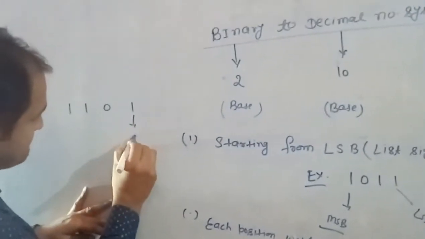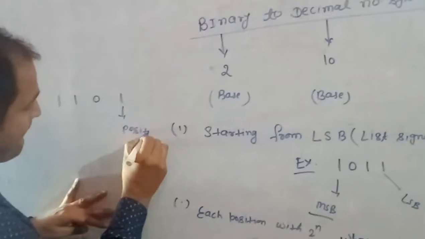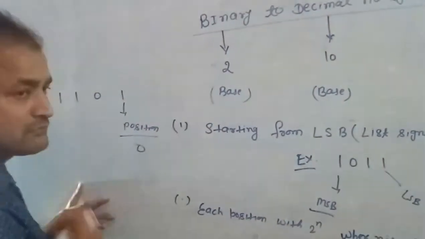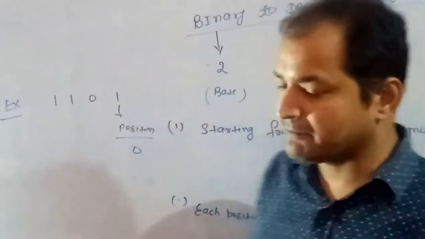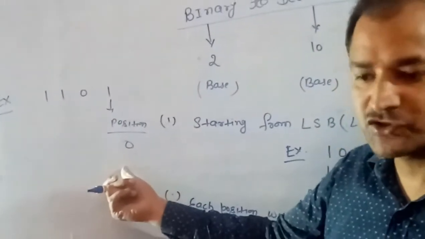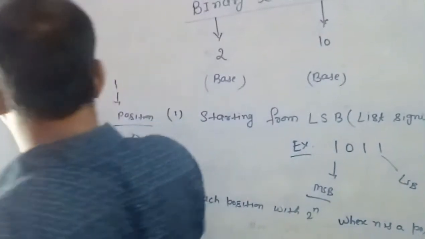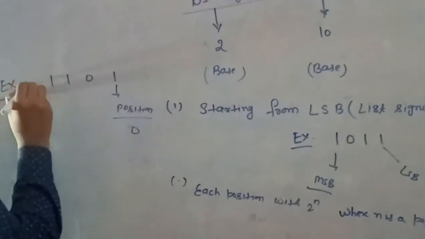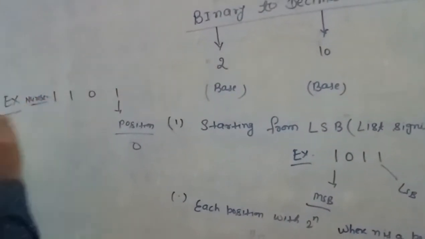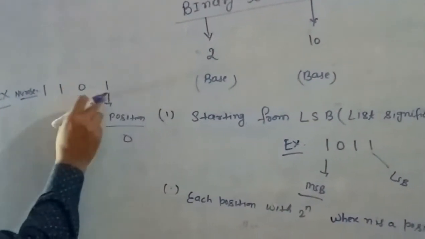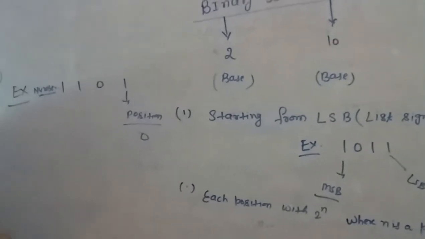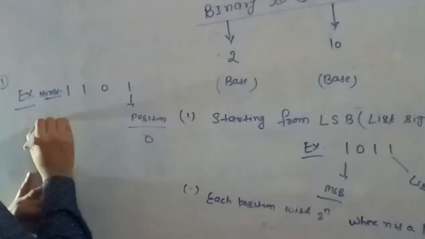This position is 0, you always remember this position is 0. This is the number 1 1 0 1, and I write down the bits 0, 1, 2, 3. Number and bit.